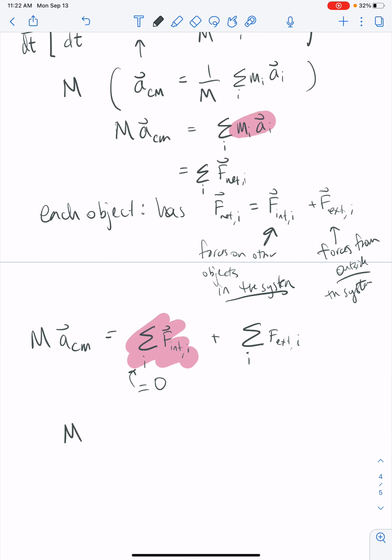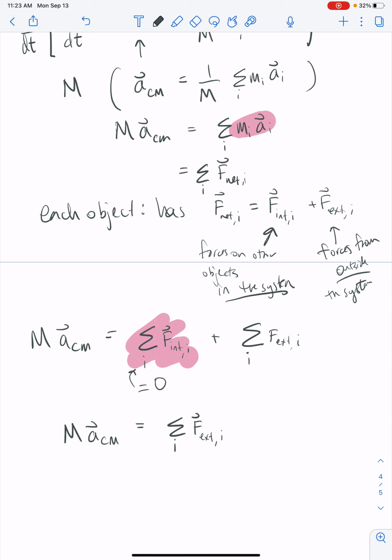And so we can drop that term, and we have what we were trying to prove, which is that the acceleration of the center of mass times the total mass of the whole system is equal to the sum of the external forces on the object.